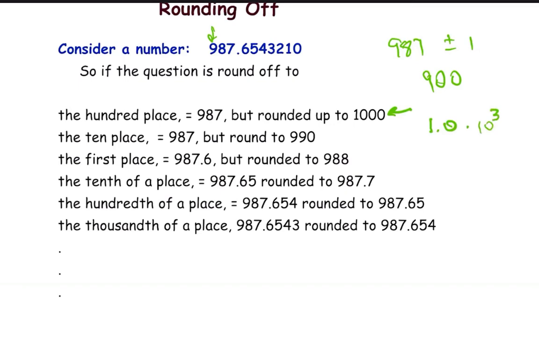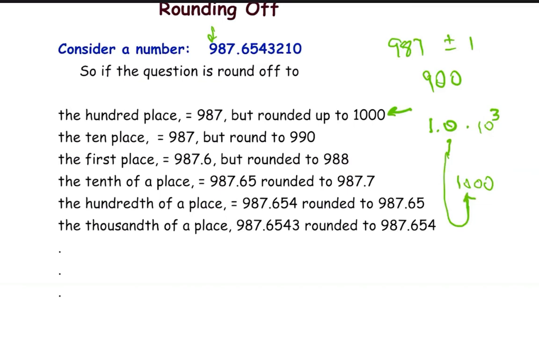Okay, 1.0 times 10 to the third is rounding off to the 100 place, because whenever you write a number in exponential notation, all the numbers before the exponent are significant. So the significant digits here are the 1 and the 0, and the 0 is in the 100 place. Okay, it's the 100 place. According to the exponential notation, this is significant, and that's where you're rounding off.